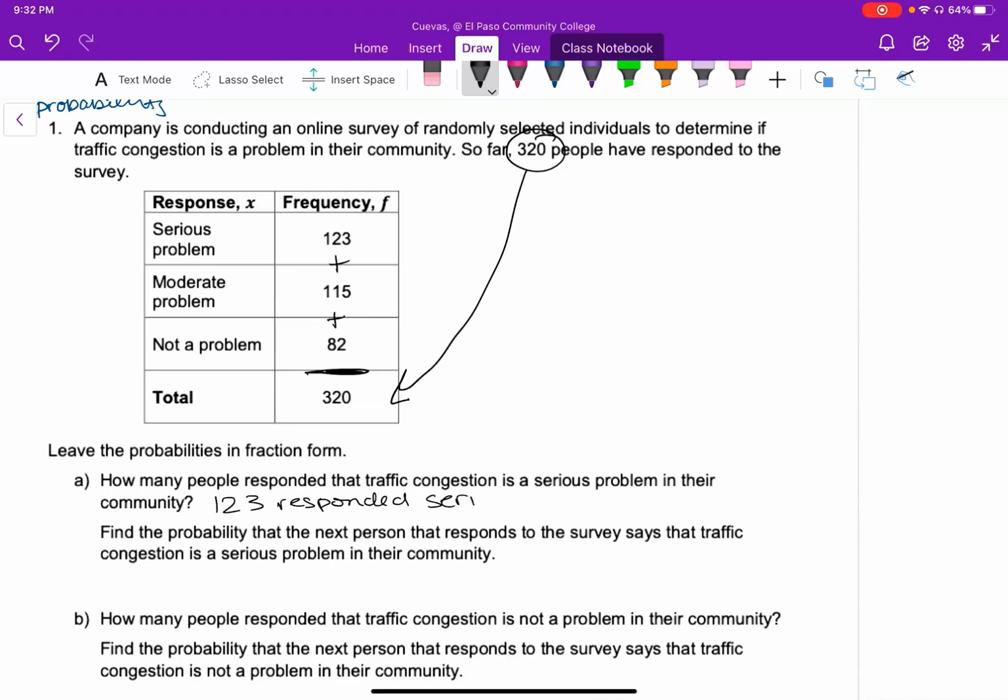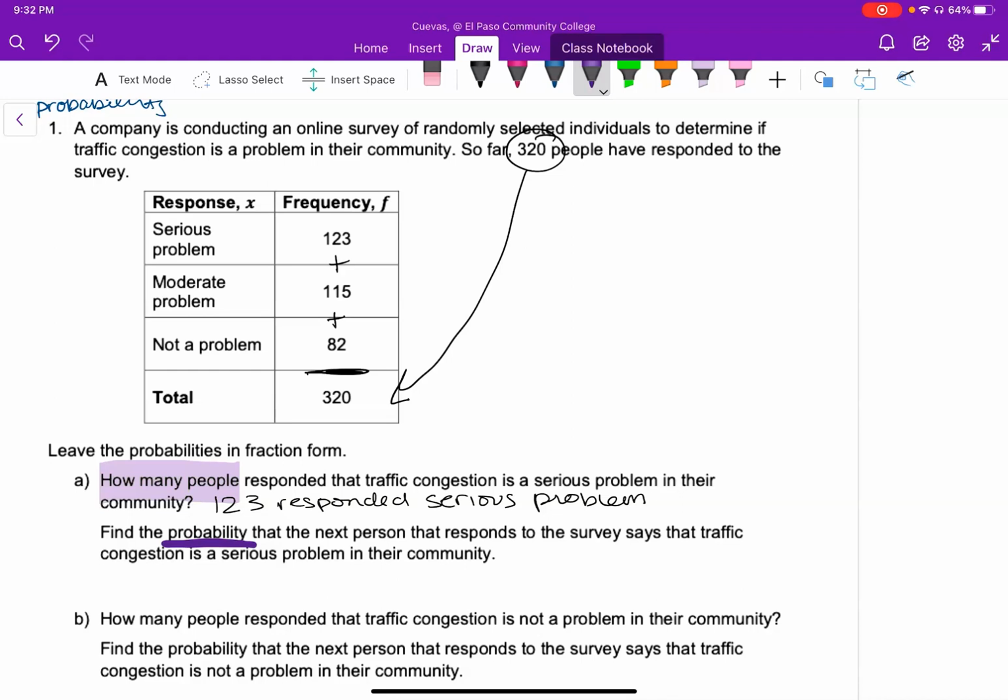Serious problem. Find the probability. Take a look at the big difference in these questions. This is how many people. So we just answer something simply like 2 people, 3 people. This one does not say how many people. It says find the probability. Therefore, we're going to have a little bit more math.